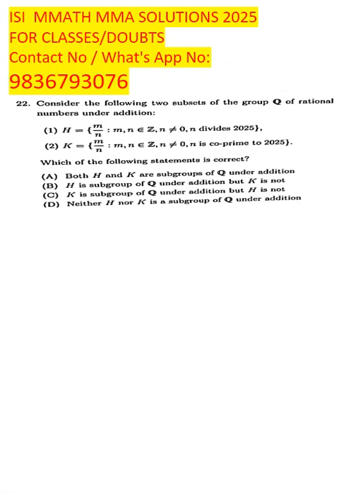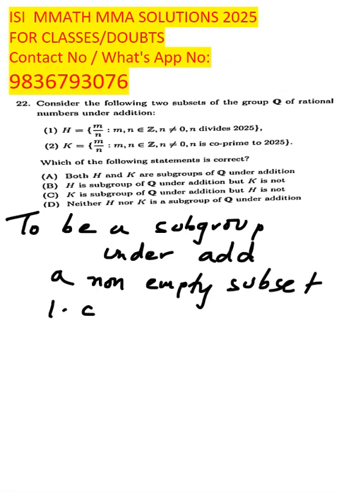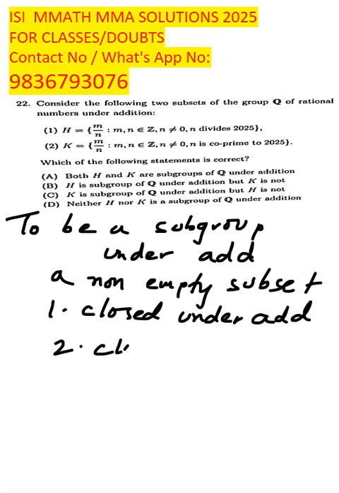So now if you recall the subgroup property for addition to be a subgroup under addition, a non-empty subset must be first closed under addition, and closed under additive inverse.